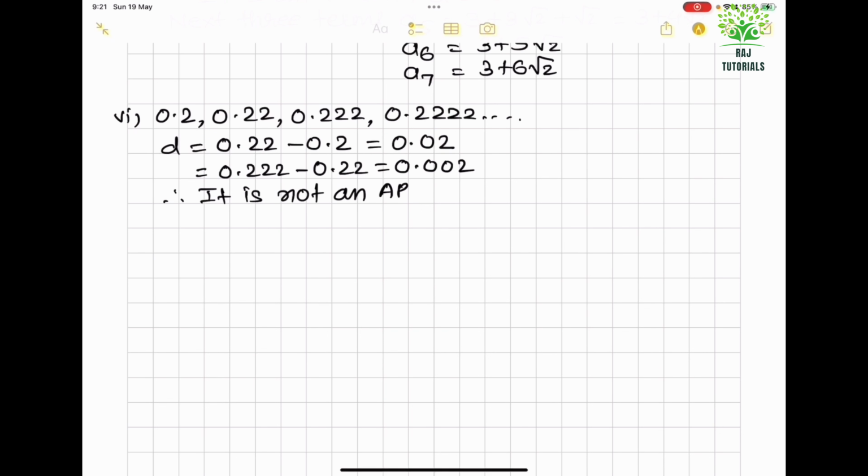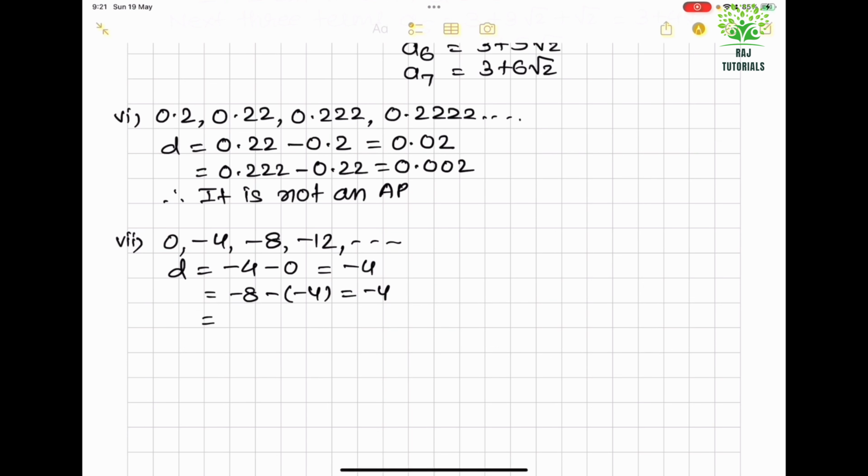So I don't need to find the next three terms. Now the seventh one says 0, minus 4, minus 8, minus 12, and so on. So d equals minus 4 minus 0, that is minus 4. Minus 8 minus of minus 4 will also be minus 4.